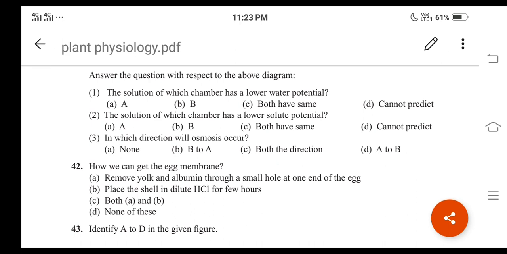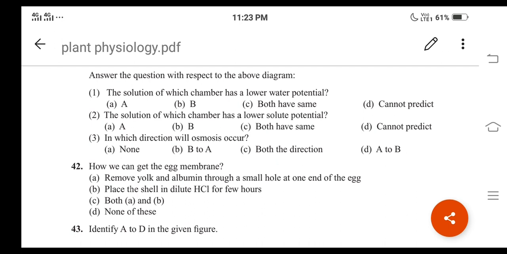So for question number 1, the correct answer is B. For question number 2, again B. And for question number 3, D becomes the correct answer, from A to B.